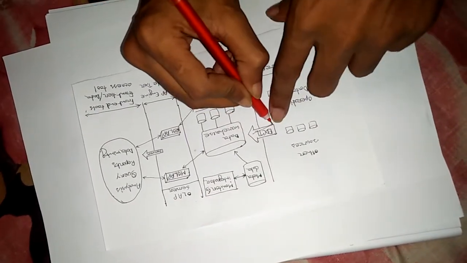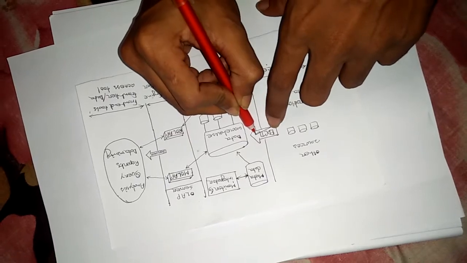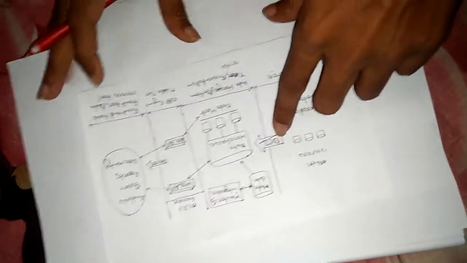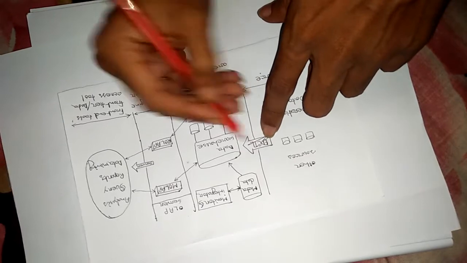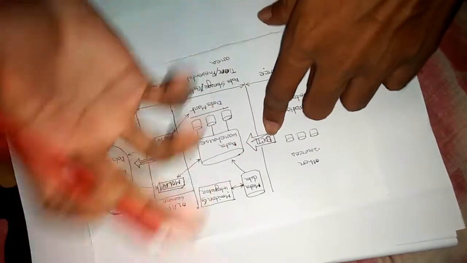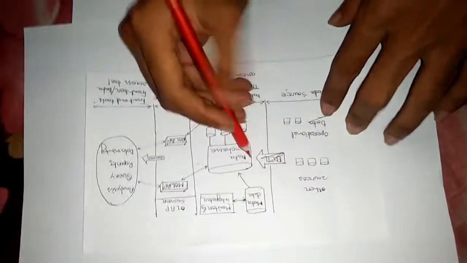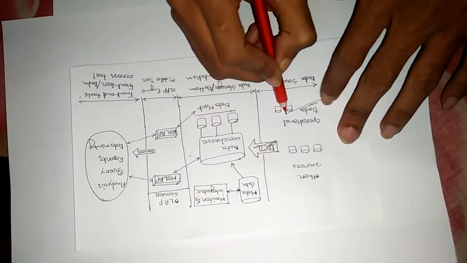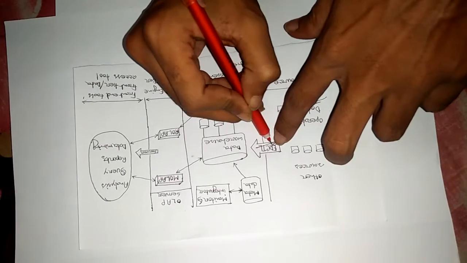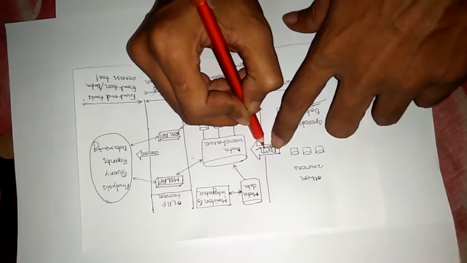Now, what is ETCL? E means extraction, which gets data from the operational data. And DC means data cleaning.